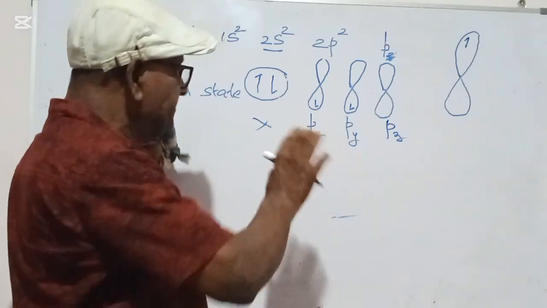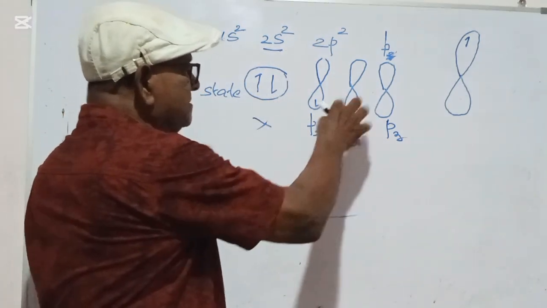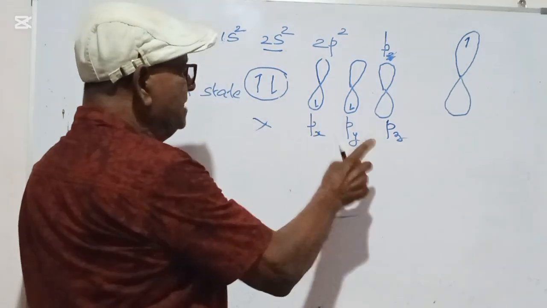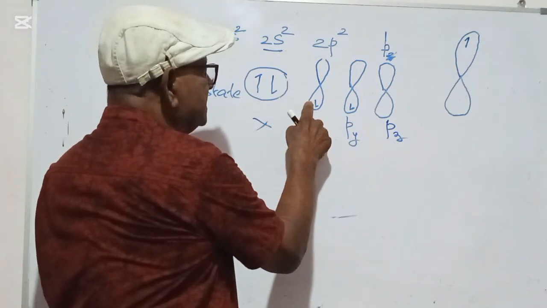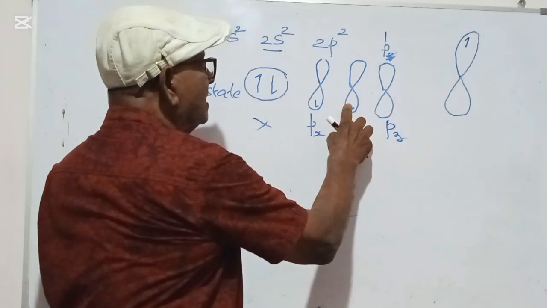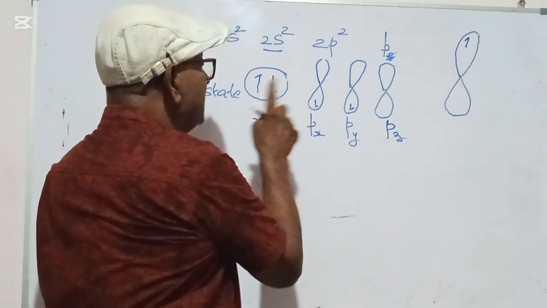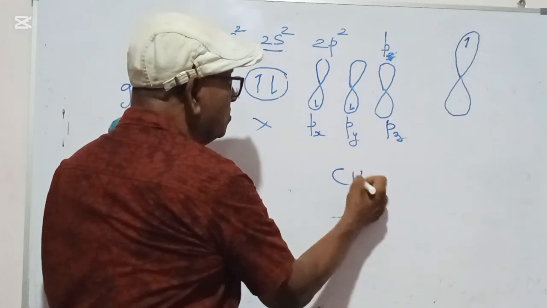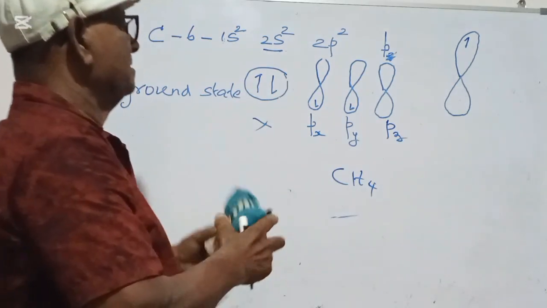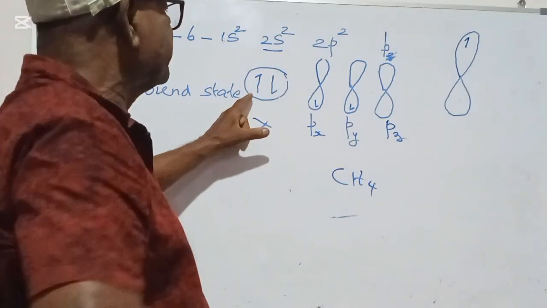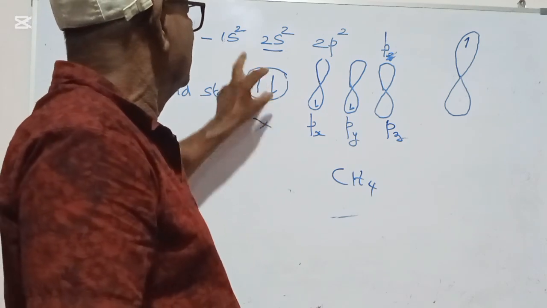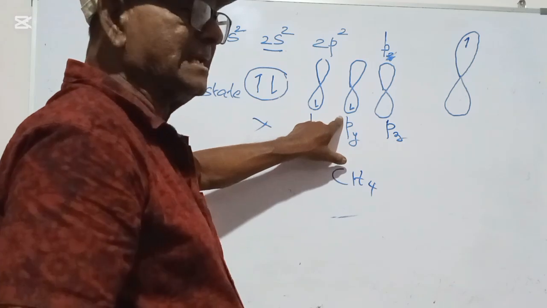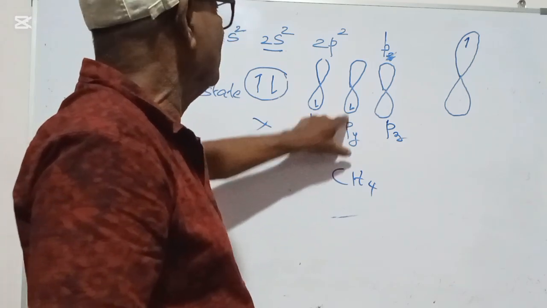Then, according to this structure, one hydrogen gives one electron here, from hydrogen. Carbon combines with 2 H atoms, CH2. But how many electrons are at the outermost orbital? 2, 2, 2, including the electrons of the hydrogen. Only 6.